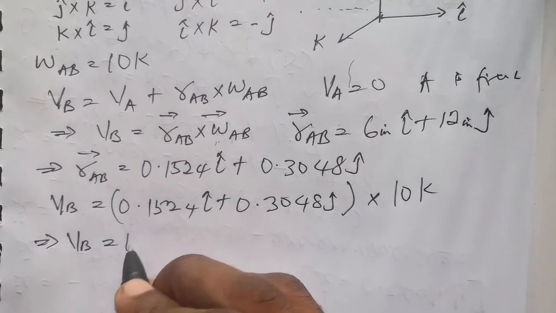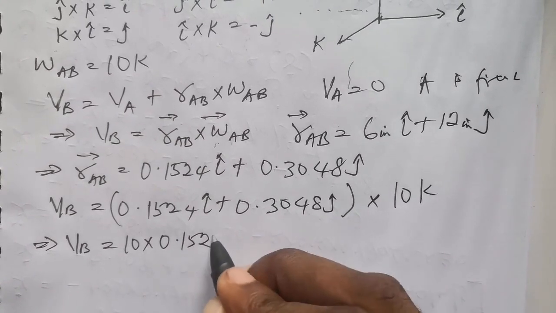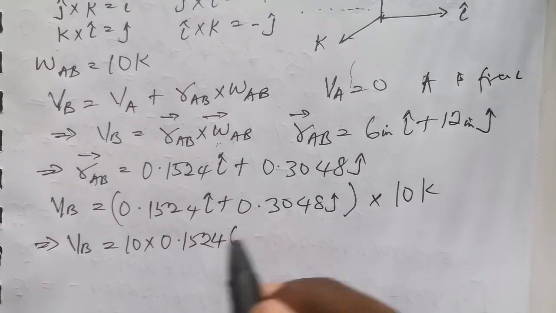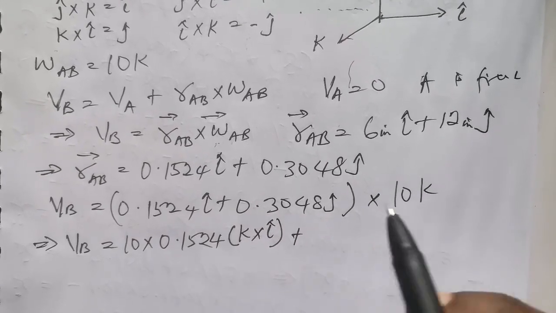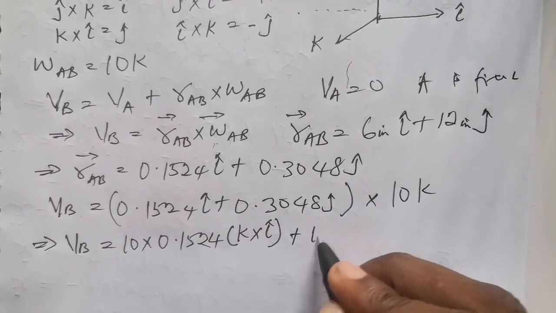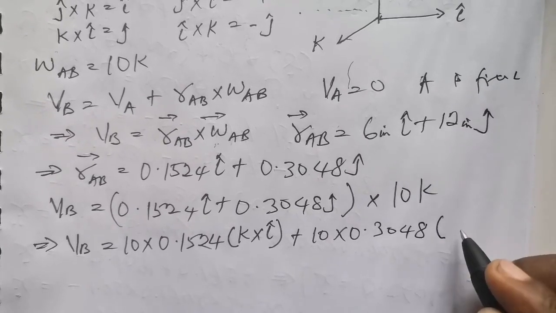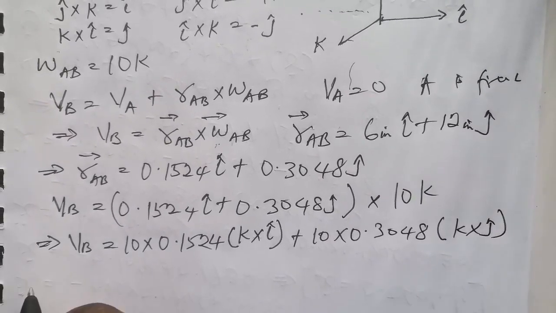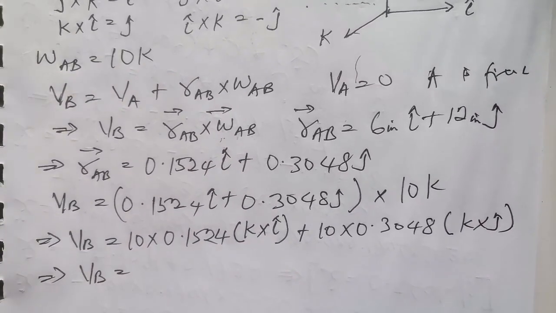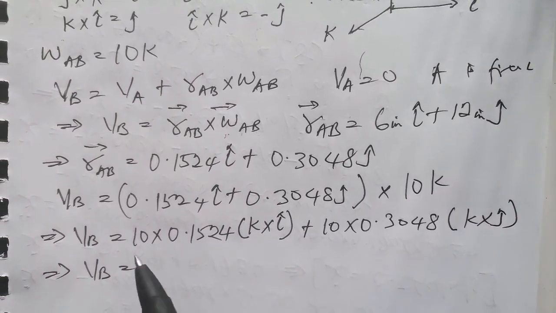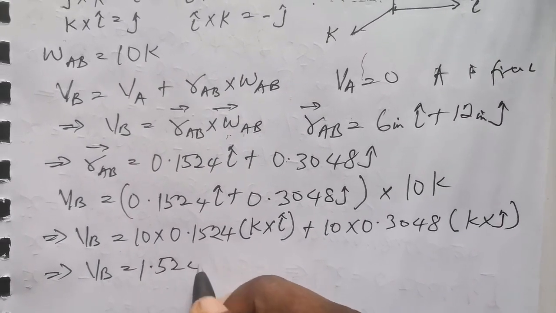So that becomes 10 times 0.1524 for the first one, and now the unit vectors: it is K crossing I, so I have K cross I. Plus then I have 10 times 0.3048, then I have K crossing J, so I have K cross J. So this simply implies that my velocity at point B is going to be equal to 10 times 0.1524, which will give me 1.524.